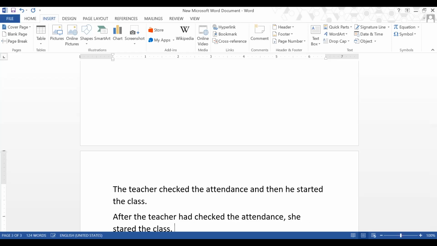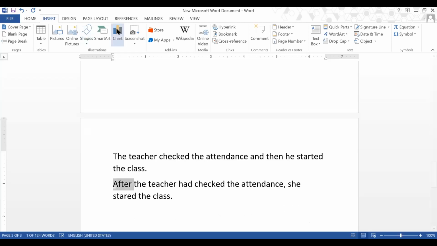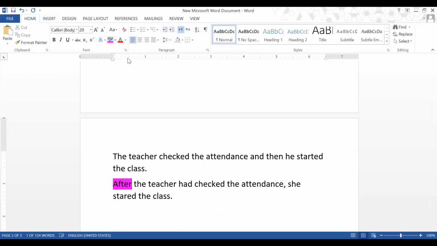As you can see here, we're using the word after with had plus past participle like this. Then comma, then start the class, here you have a simple past. Oh yeah, it's he, not she.